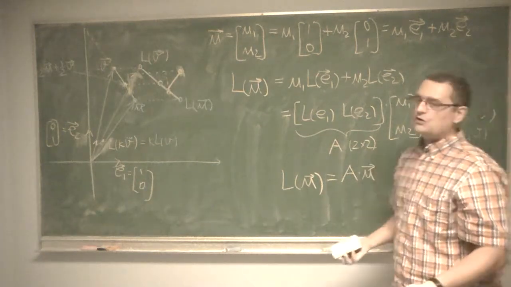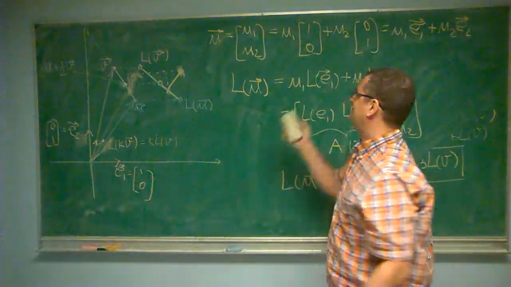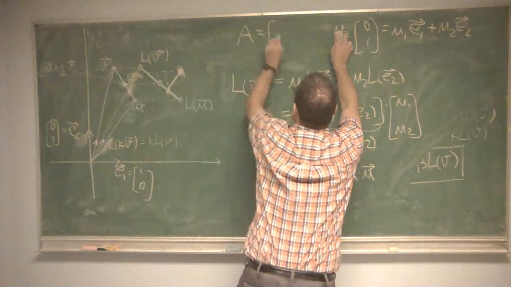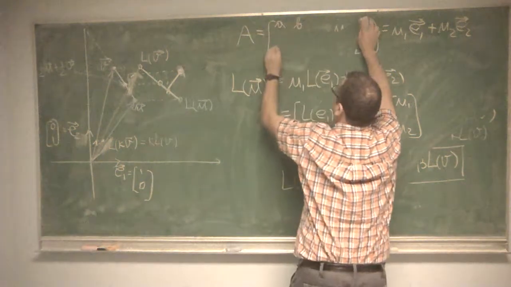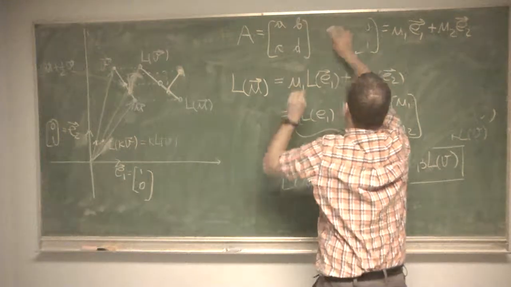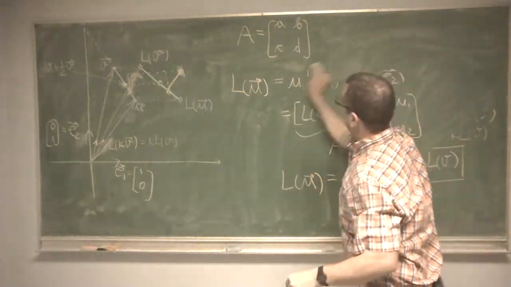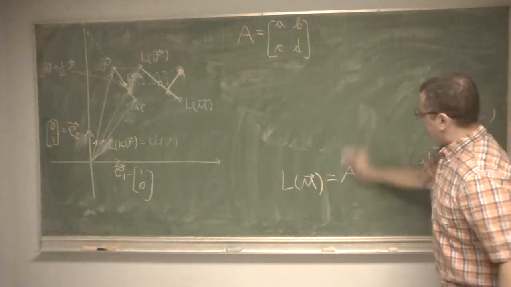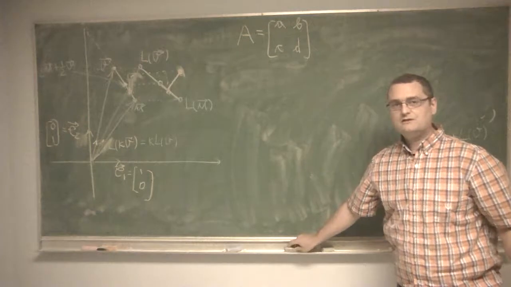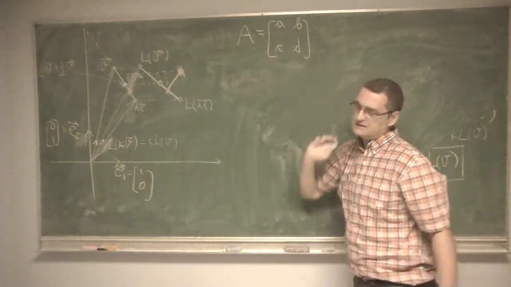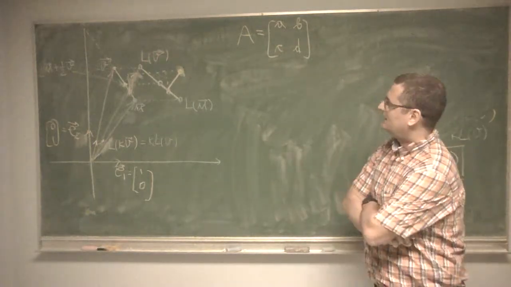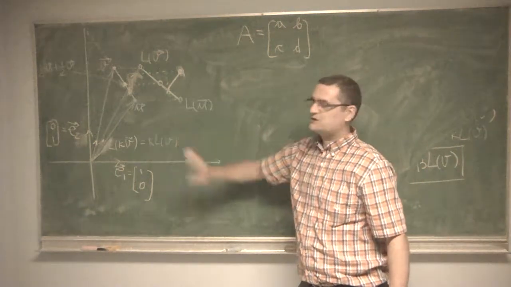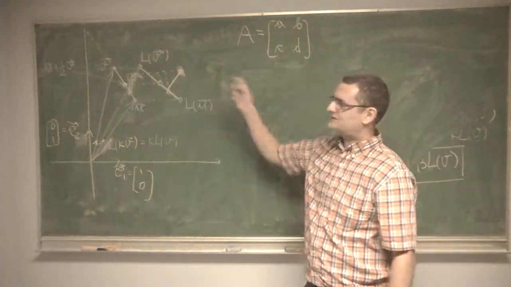All right, and so now determinants. So this matrix A is 2 by 2. And the determinant of this matrix, which is AD minus BC, actually tells you how much the space was deformed under this transformation.